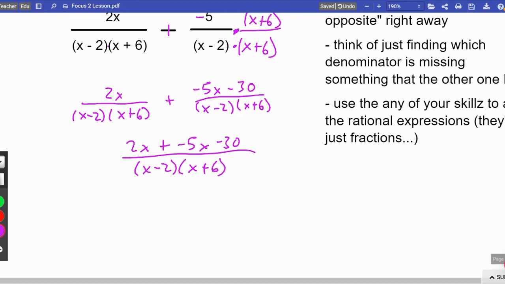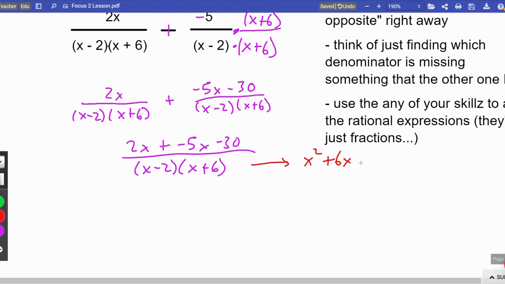And then there's two things that we can do here. One, the bottom, we could simplify that. That's something that we can FOIL. So in the key, you're going to see that as something that gets FOILed. So I'll take this over here, just see what it's supposed to look like. The first terms, x times x is x squared. Outside terms would be x times 6, positives, 6x.